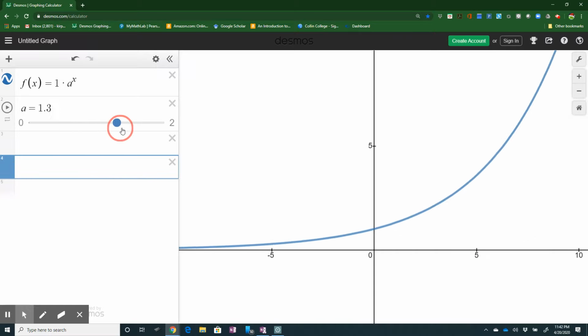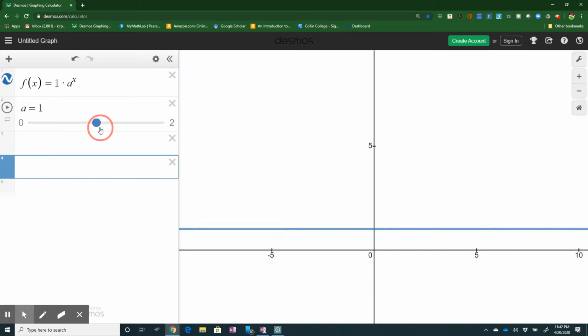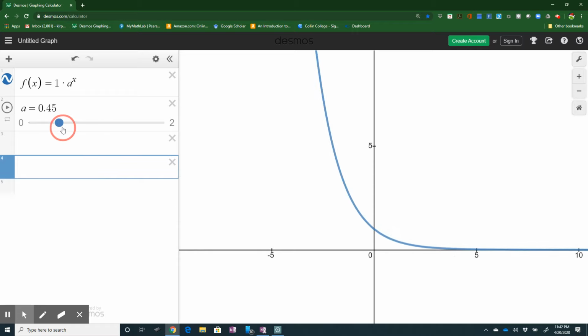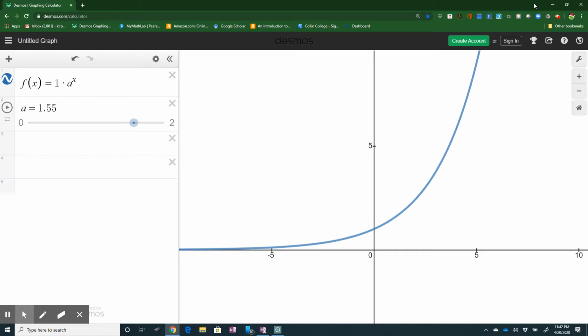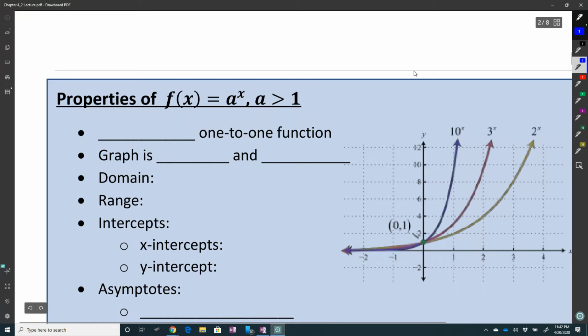Notice that it changes shape at 1. To the left of 1, it looks like this, basically going downward. To the right of 1, it looks like this. And that's basically the main idea between the 2 shapes. So going back to our handout, first, this is an increasing one-to-one function.